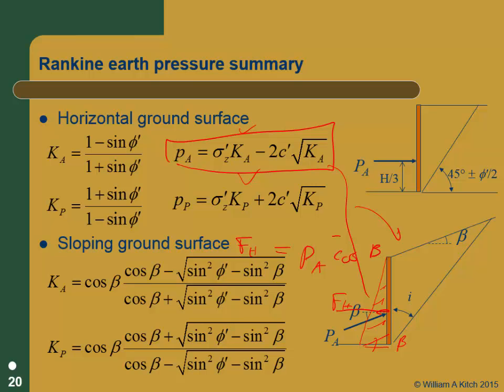So K active is really a coefficient for calculating Coulomb or Rankine earth pressure, but there should be just a cosine beta attached to that, right? Well, yeah, you can do that, but that's not the way it was defined originally.